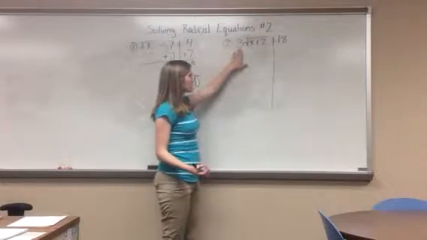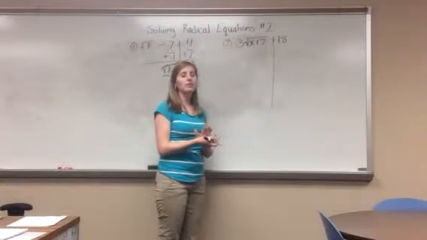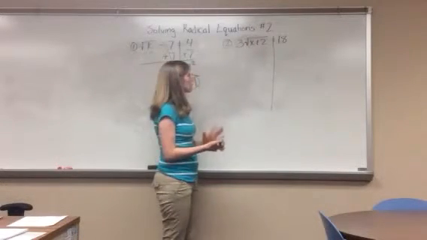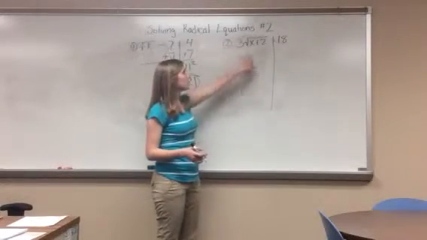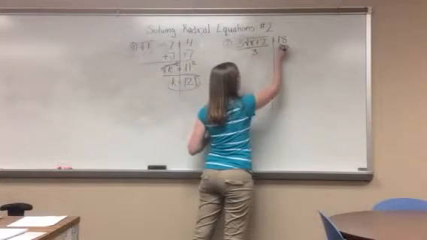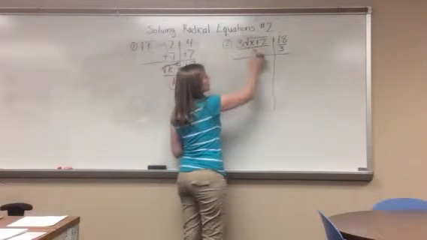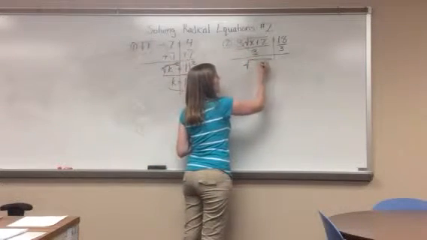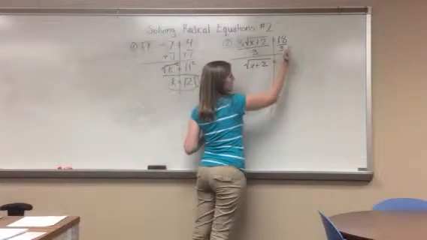This 3 is actually being multiplied to the square root. If they're right next to each other, it means multiplication, just like when a number is right next to a letter. So if this is multiplied, the opposite would be to divide. So I need to divide both sides by 3. My 3's will cancel. I get the square root of x plus 2 equals 18 divided by 3 is 6.